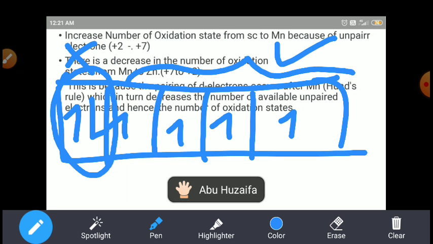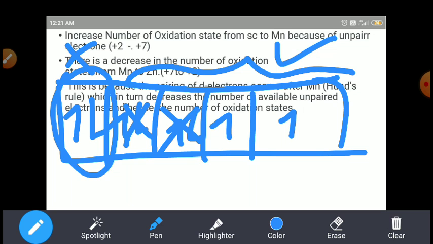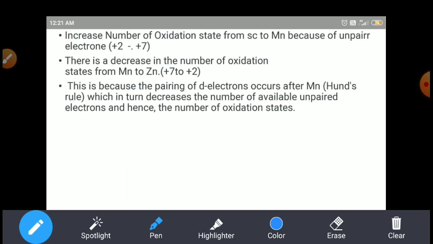If the electrons in the d orbitals are paired, they never participate in chemical reactions, so they never exhibit oxidation states. That's why when we move from manganese to zinc, the pairing on the d orbitals increases and the oxidation states decrease from +7 to +2.